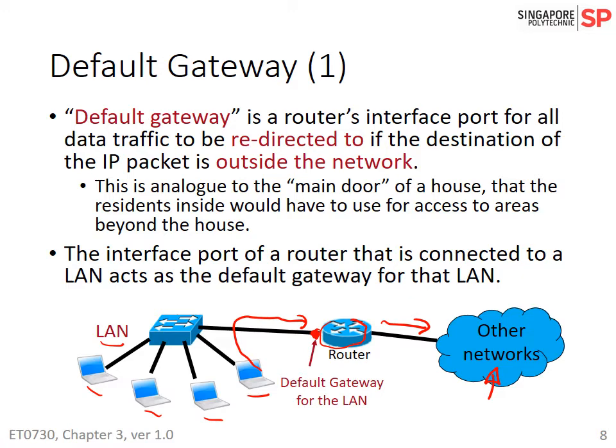So a default gateway is used by the PCs connected to the local network so that they can send packets out of their own network to other networks.